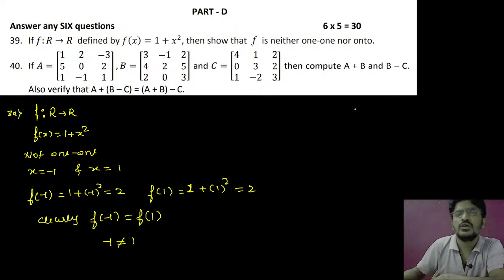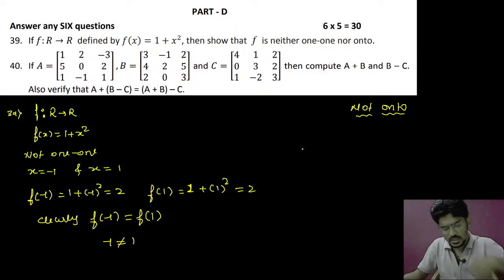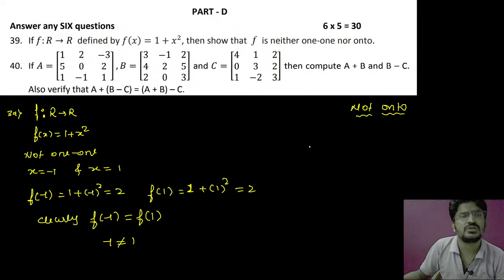For not onto, you can just see here, the range is going to be equal to only positive numbers, and codomain is complete real numbers. Therefore range is not equal to codomain.